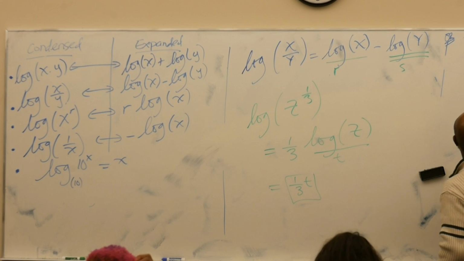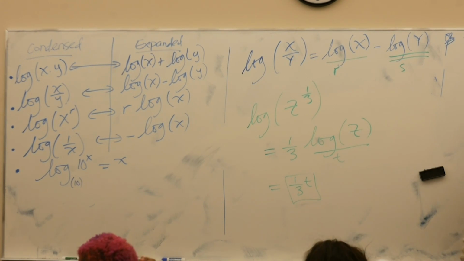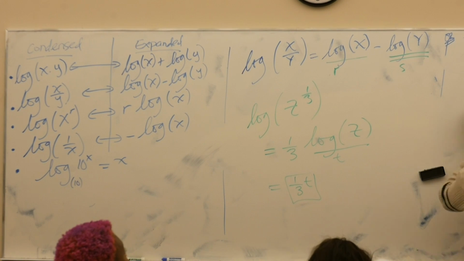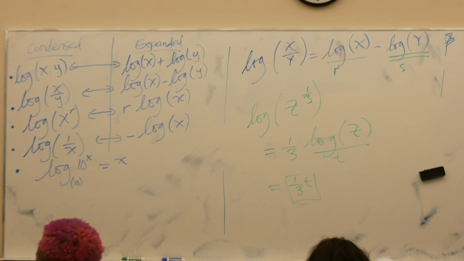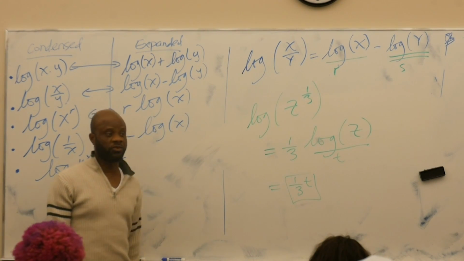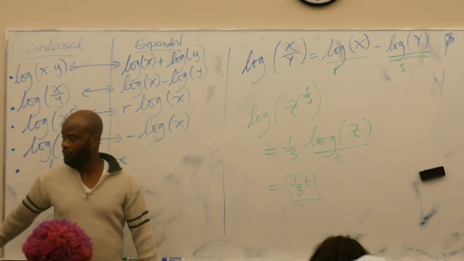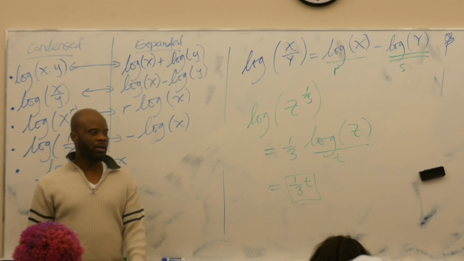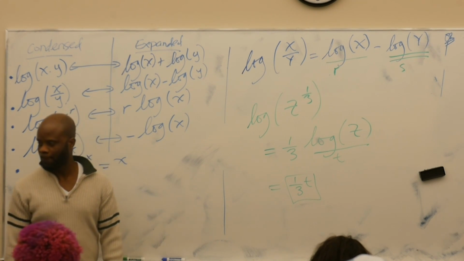Just like my name is just a multiplication: G times O times Y times A times H. Is it the log of G plus the log of O plus the log of Y? Exactly.